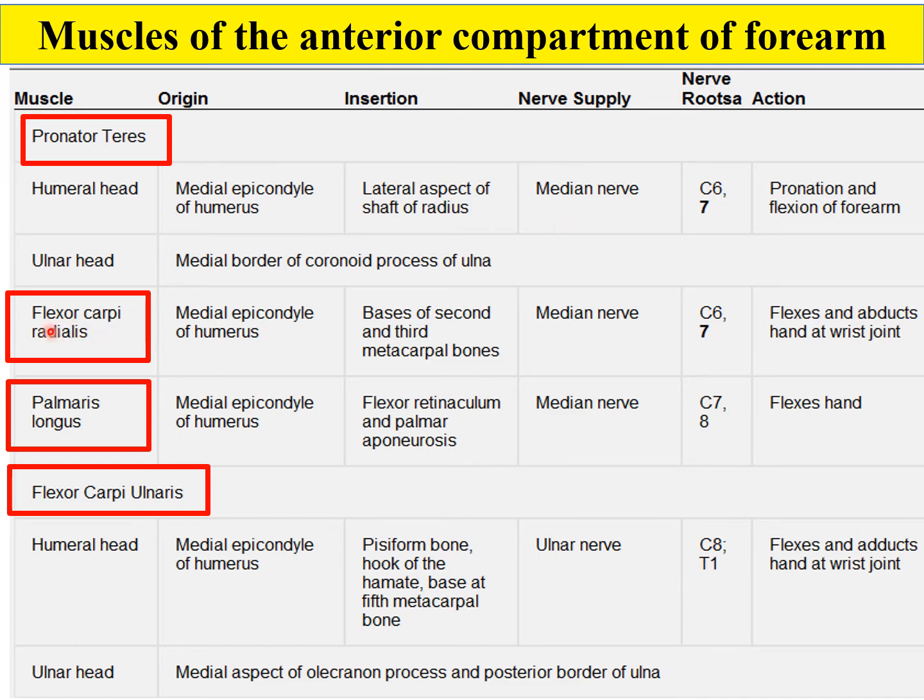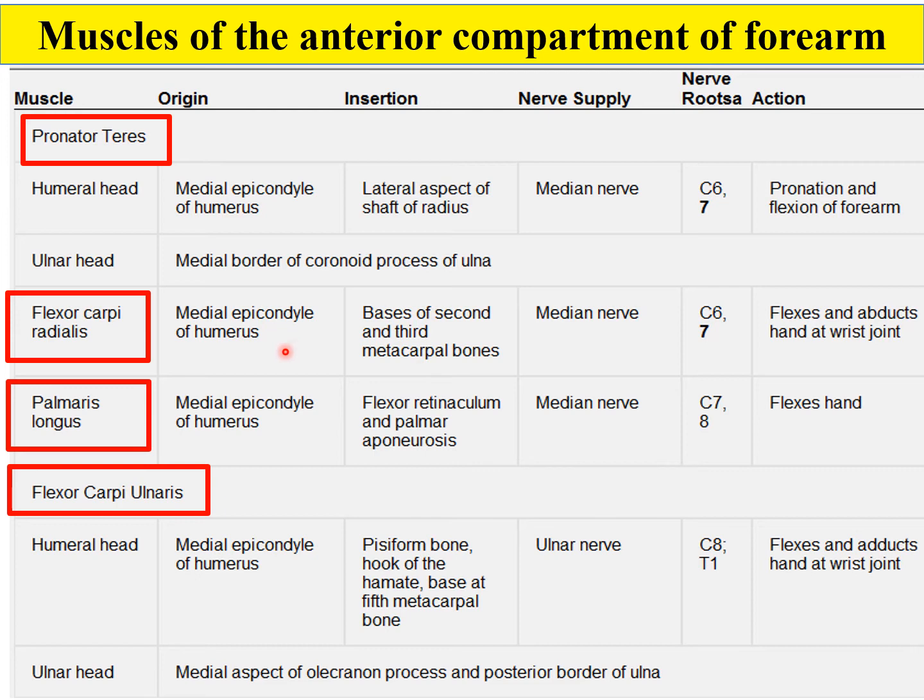Flexor carpi radialis. Flexor, as the name indicates, will perform the function of flexion. Carpi means going toward or attached to the carpal bones, and radialis means it is toward the radial side. Arising from the medial epicondyle of the humerus, going toward the bases of the second and third metacarpal bones.